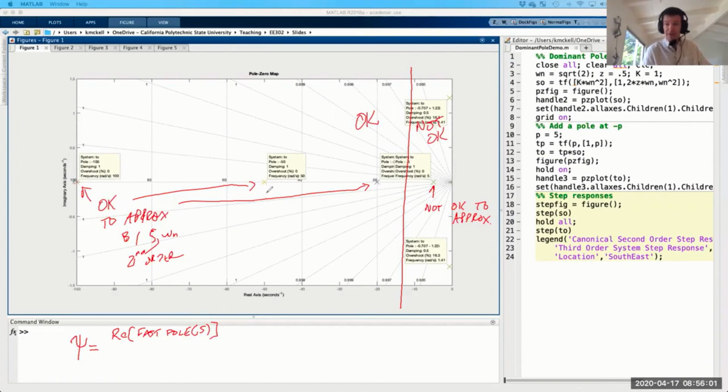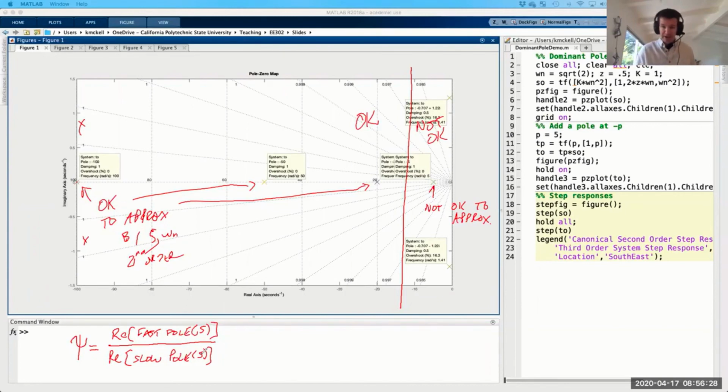It could have been a pair of complex conjugate poles way out here. I think you could run the simulation yourself and you'd see the same kind of results. But the psi ratio is a ratio between the real part of the fast poles and the real part of the slow poles, again acknowledging that it could be a slow pole or a pair of slow poles.